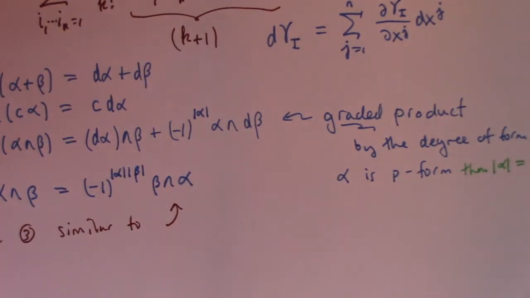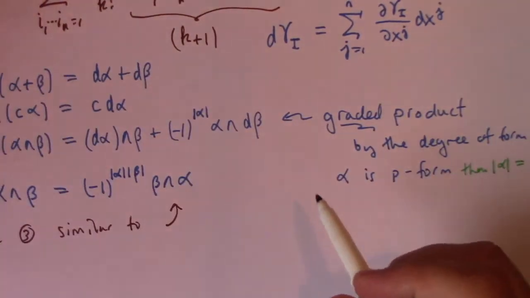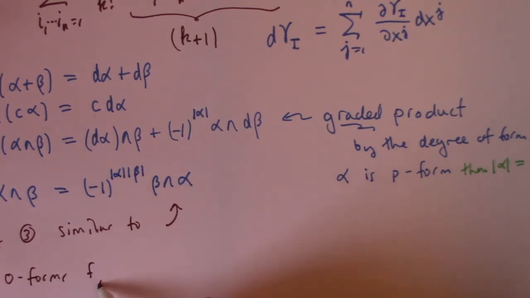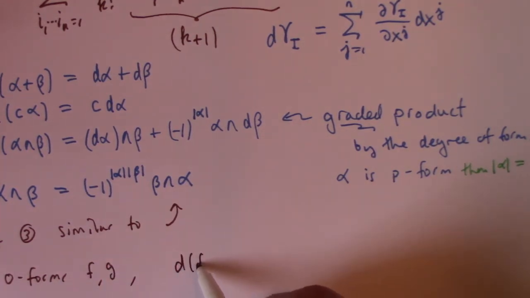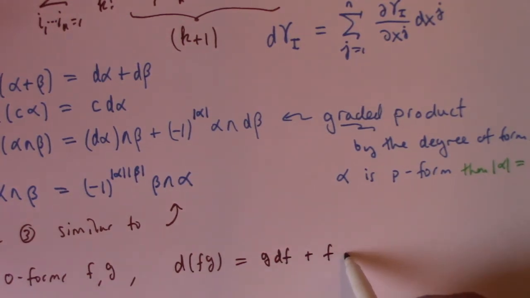Now, it's useful to catalog a couple of special cases real quick for the exterior derivatives of 0 forms and 1 forms. For 2, we already saw that, in fact. So for 0 forms f and g, we have d of fg is, well, we could say g df plus f dg.